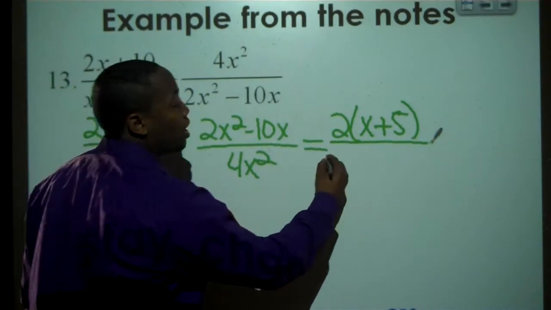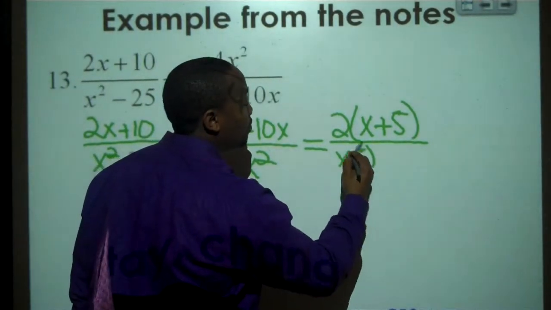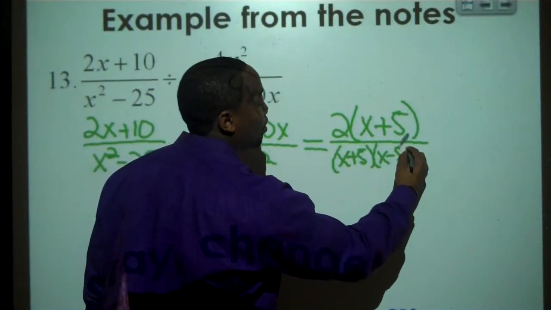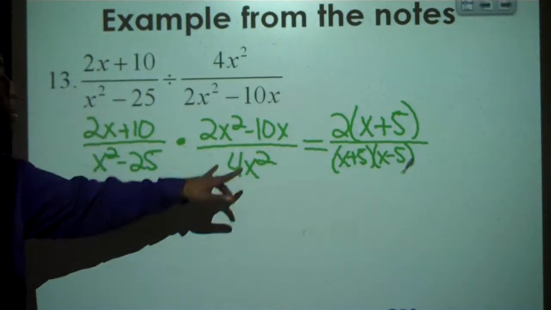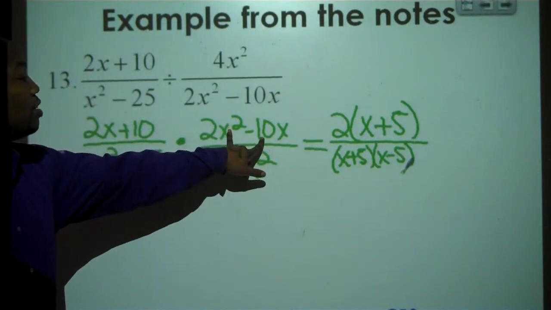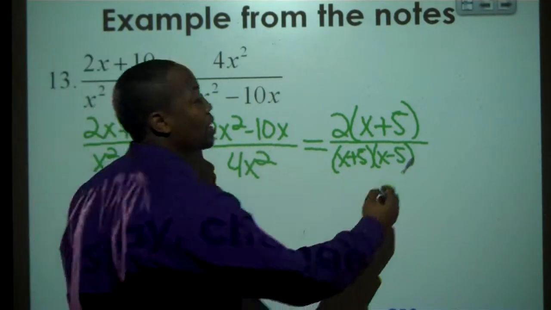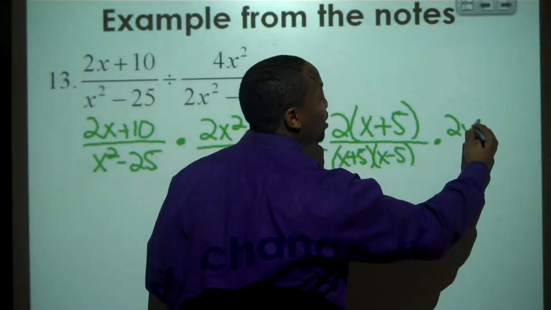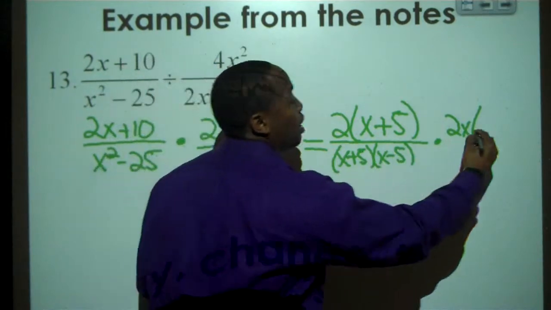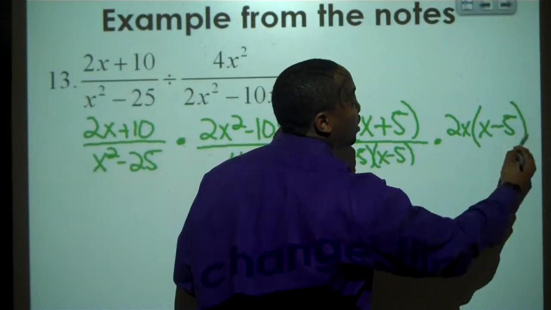So this would be x plus 5, x minus 5, right? Now what about this one right here? What's the GCF for these two? We can instantly see it's going to be 2x. So times 2x, and I get x minus 5.